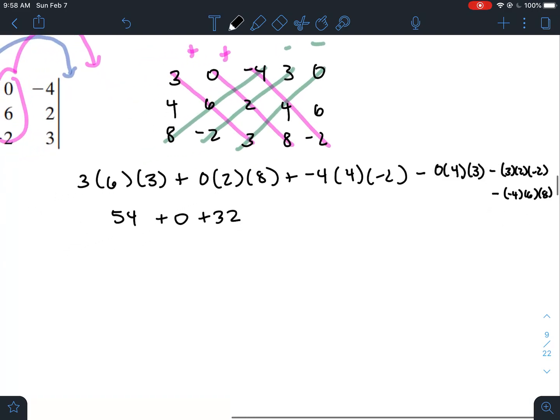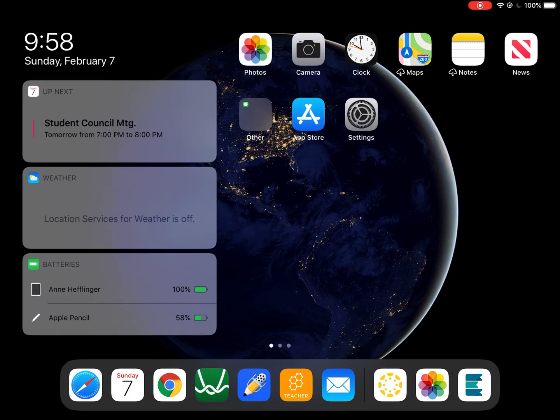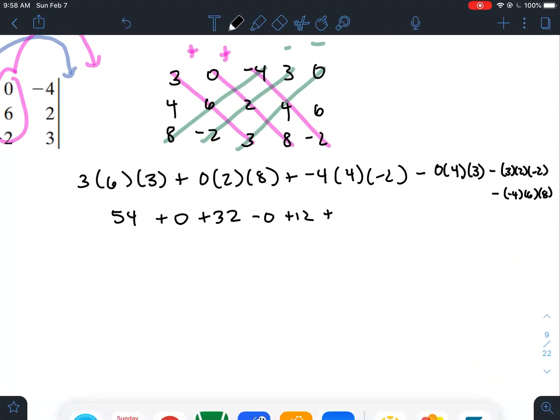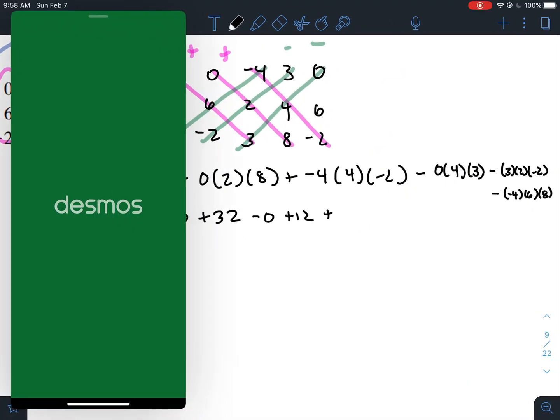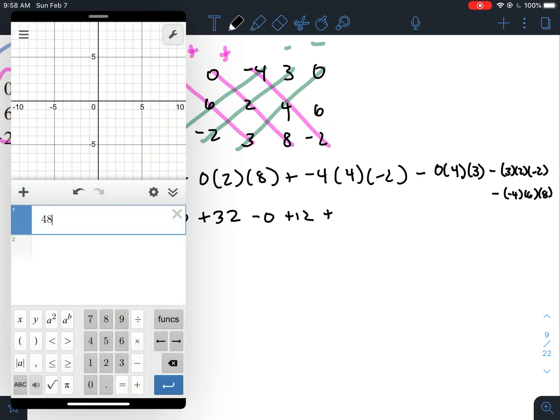And so this would be minus 0, and then plus 12, and then plus 48 times 4, 192.